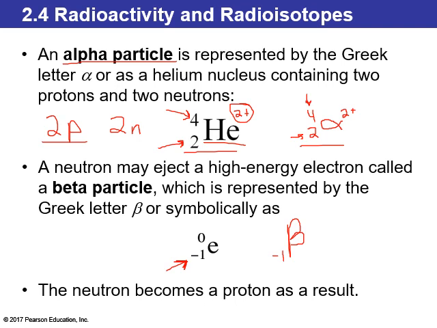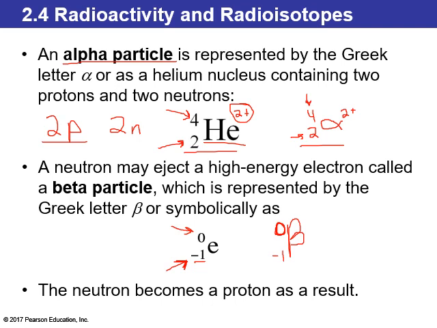And that's going to help us in balancing our nuclear equations. Electrons have no mass. They do have mass, but it's very, very small. So it's very small compared to a proton or a neutron. So we're going to use a 0 there. So for our mass number, for a beta particle, it's going to have 0. For our atomic number for our beta particle, it's going to have a -1.